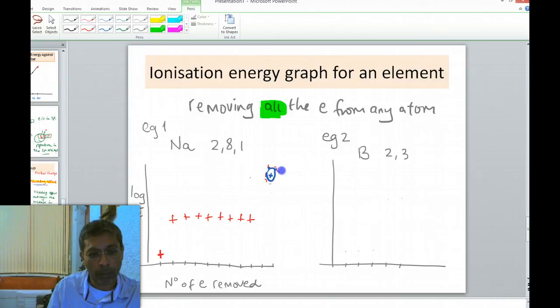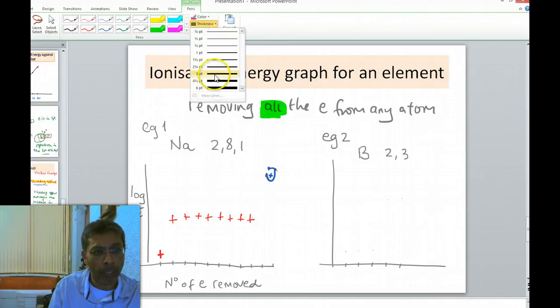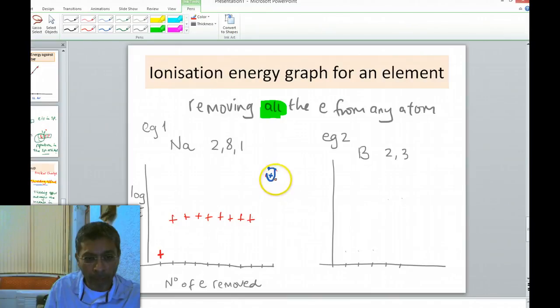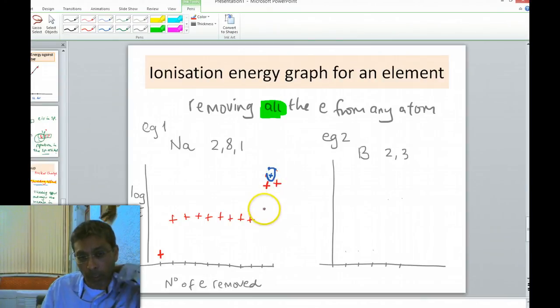You can see now that the remaining electrons are very, very close to the nucleus. So to remove the last 2, you're going from that shell to that shell, closer to the nucleus still, there will be a massive jump in ionization energy.